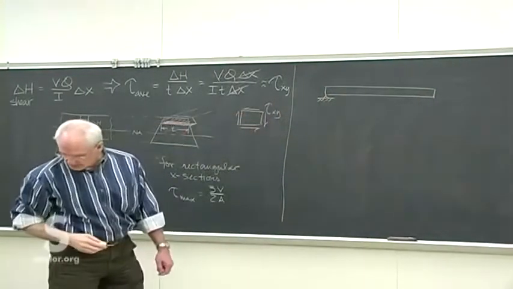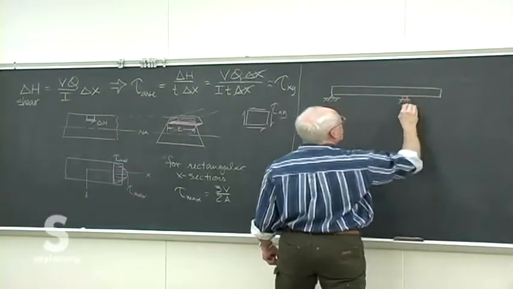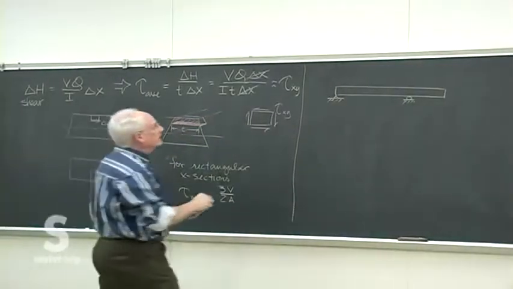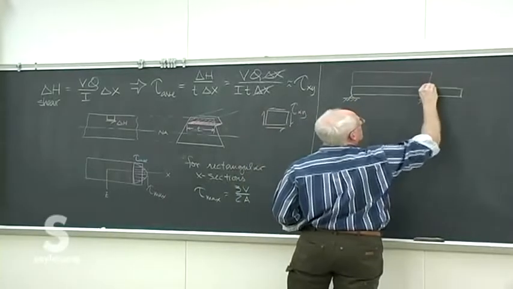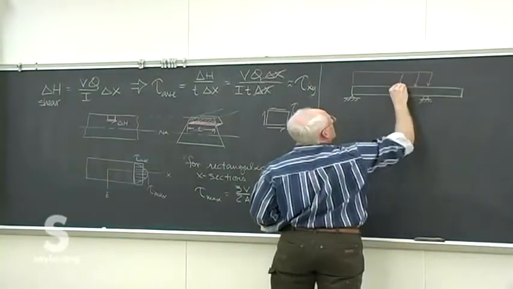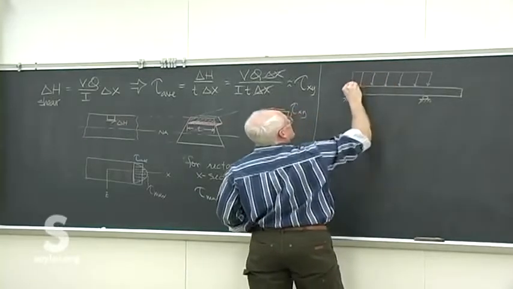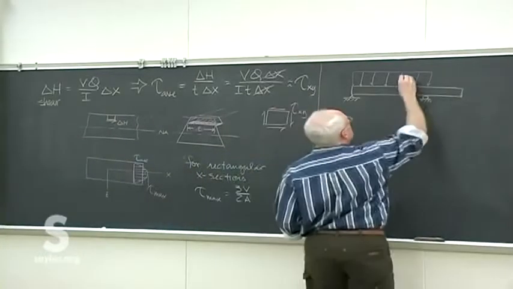So we've got a beam simply supported, a little bit of an end sticking out there and a distributed load up to that point. Kind of looks like a diving board. 400 pounds per foot.